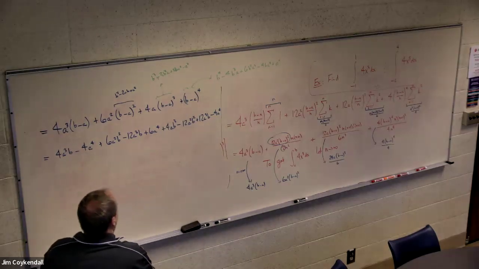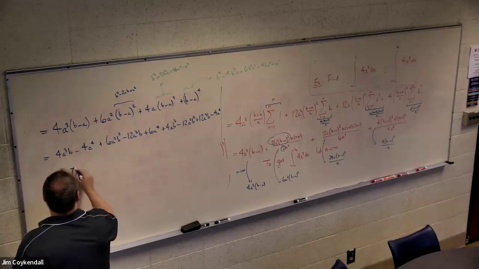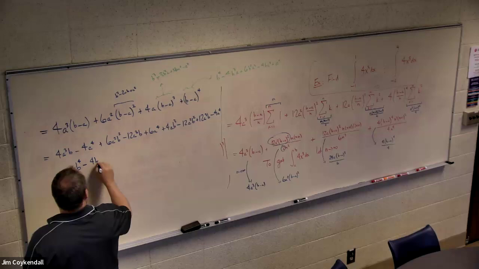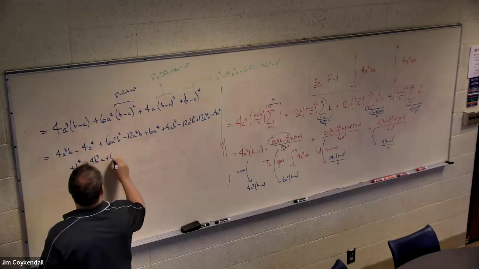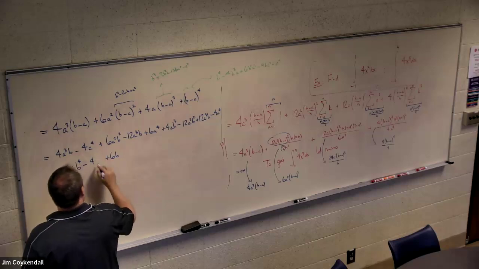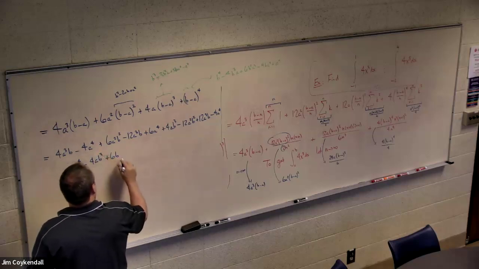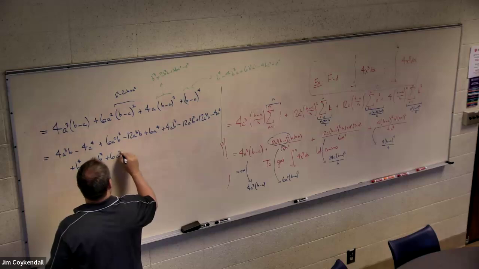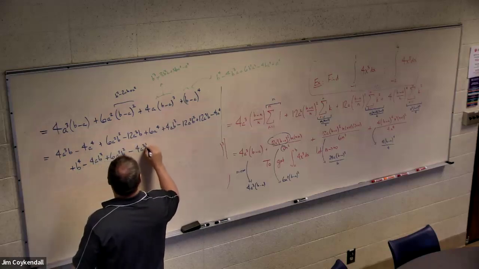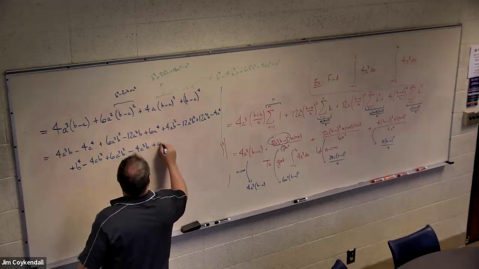Multiply that one out, and so you just get that: plus b to the 4th minus 4b cubed a plus 6a squared b squared minus 4a cubed b plus a to the 4th.